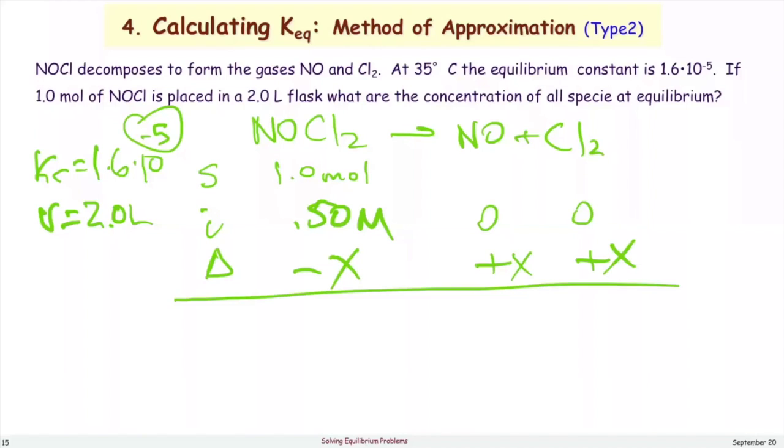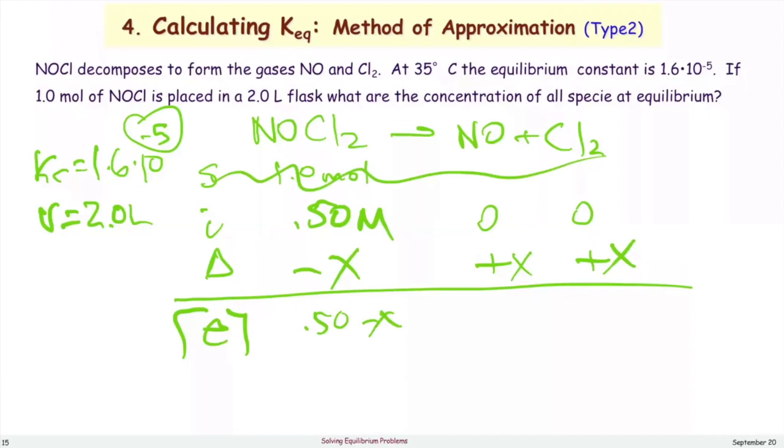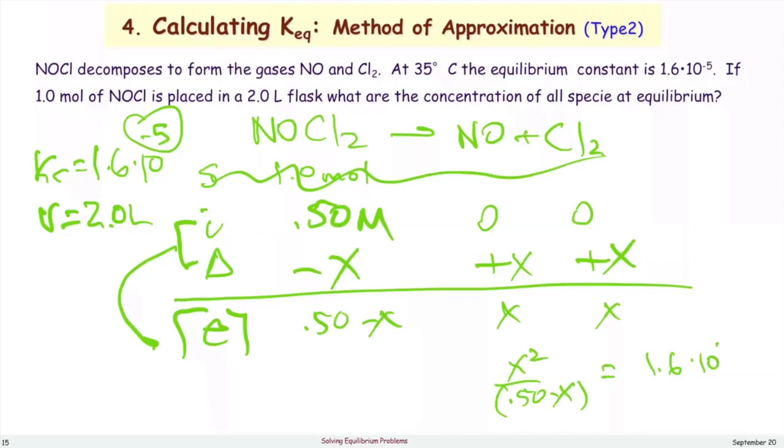And then at equilibrium, this is 0.50 minus x. Remember, this is the starting line, so you're not using that quantity. You're only using this quantity to get the equilibrium. This is x and this is x. So the mass action expression, if you want to solve this, is x squared over 0.50 minus x equals 1.6 times 10 to the minus 5.